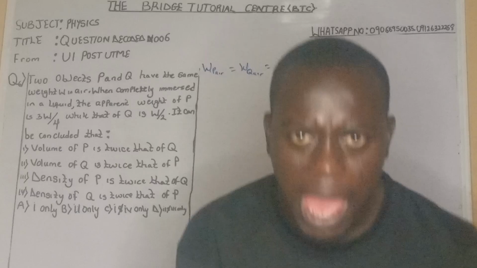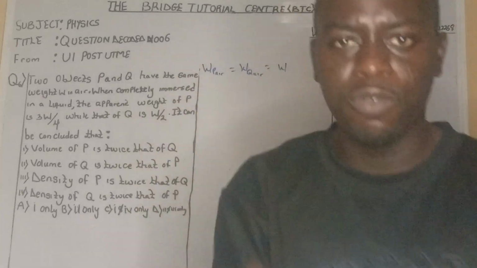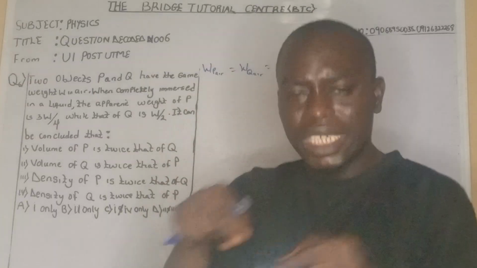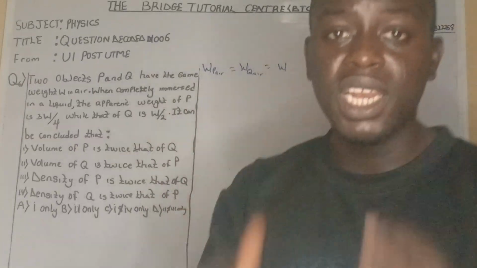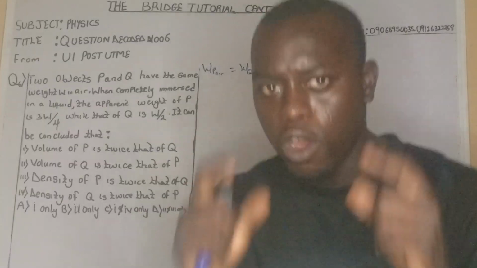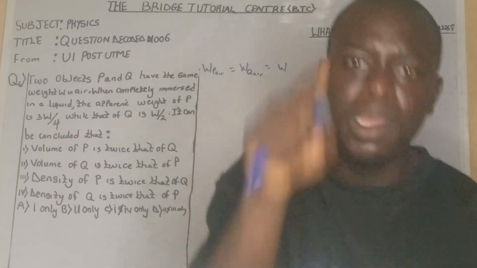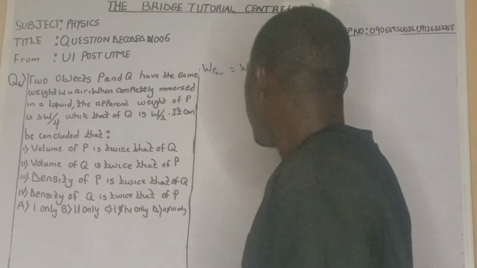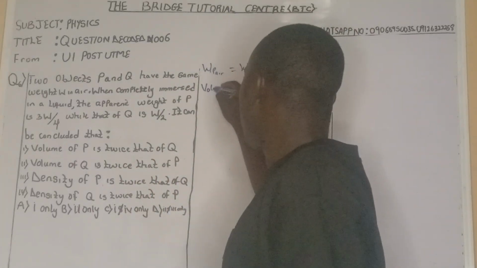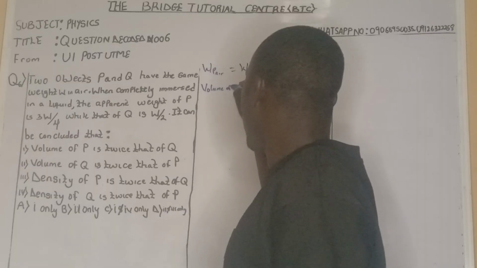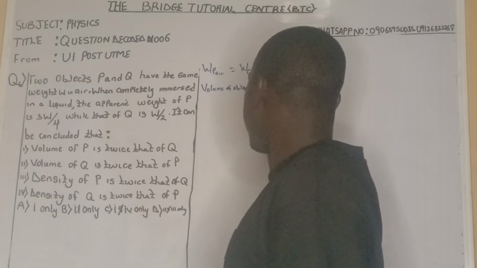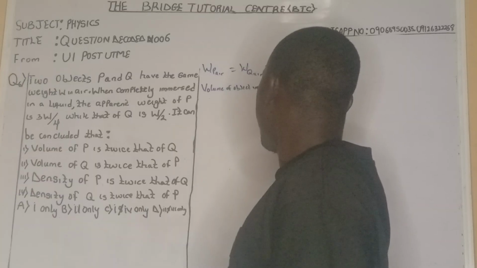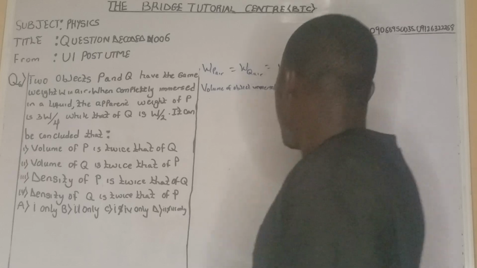When completely immersed, and that is where most students usually have issues. When something is completely immersed, the volume of the object immersed must equal the volume of the liquid displaced. Take note of that. So we know that the volume of the object immersed must equal the volume of water.